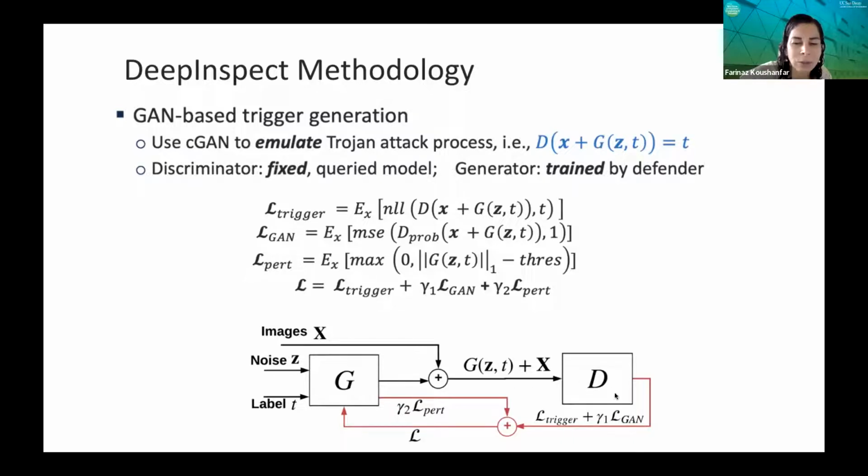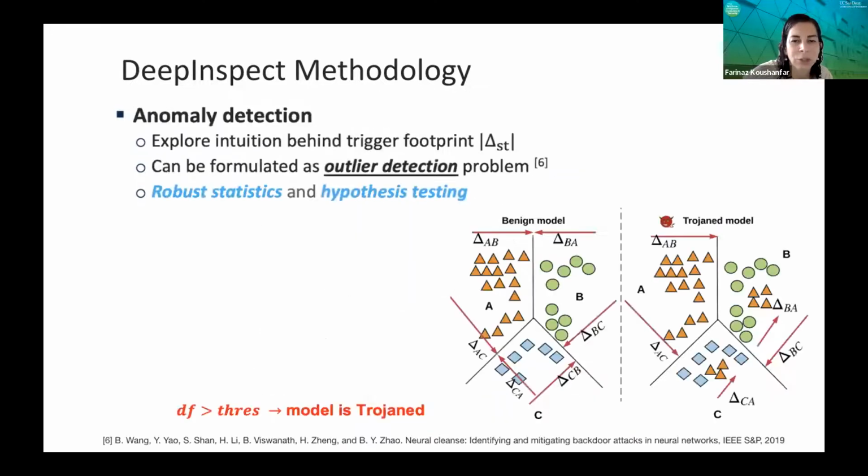Now this goes to the discriminator, and it gets summed up with this perturbation. This is the value of the objective function that we have used for the discrimination, and this process goes on in a loop until we converge on the GAN-based trigger generation method.